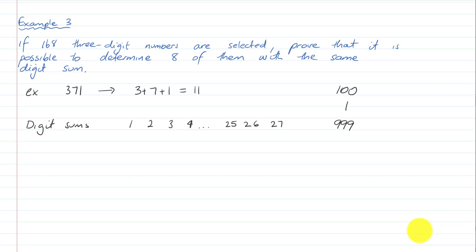Okay, now how do we get a digit sum of 1? The only way of getting a digit sum of 1 is with 100. Even if we change this to 010, that technically is a 2-digit number, so it doesn't count. So there's only one way.